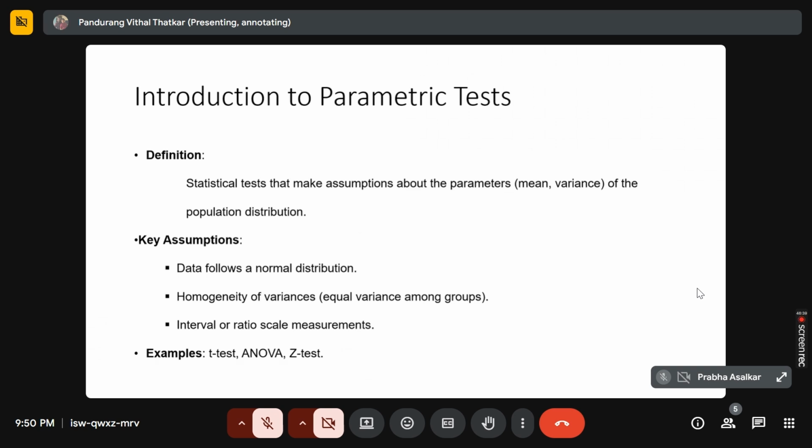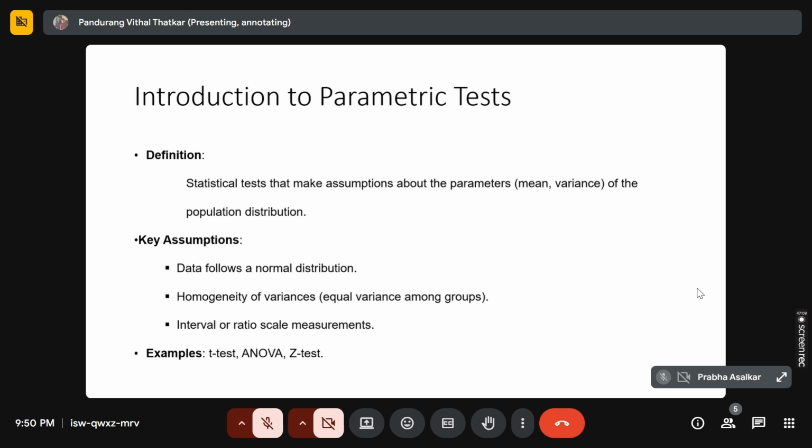So a parametric test is a statistical test that makes assumptions about the parameters, maybe mean, standard deviation, or variance, of the population distribution. The key assumptions are, first, data follows a normal distribution. Then homogeneity of variances. If we are comparing two or more groups, the assumption is that the variances of all the groups are homogeneous, or approximately equal.